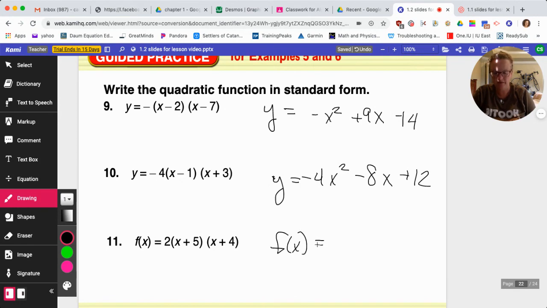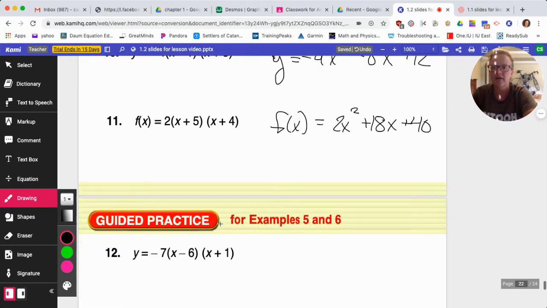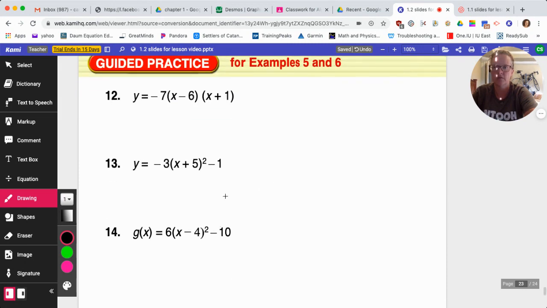Now, why am I writing f of x for some and y equals the equation for the others? Some of these are just written in function notation, and some of them are written as y equals. It doesn't matter. It really doesn't matter until we start using the function notation or until we start graphing. So 12, y equals negative 7x squared, 35x, 42.